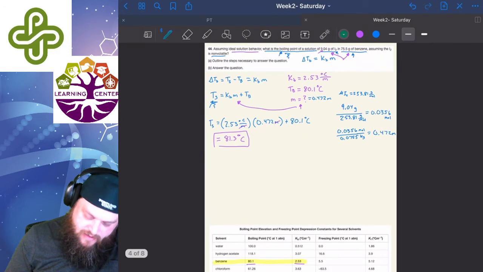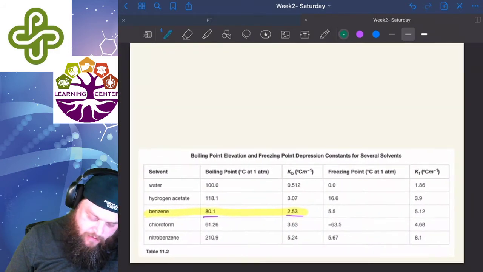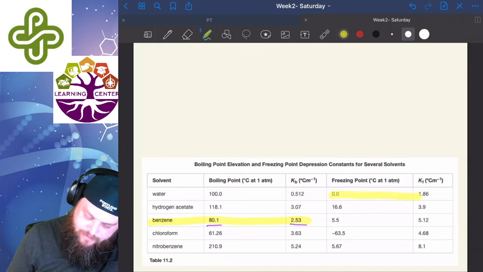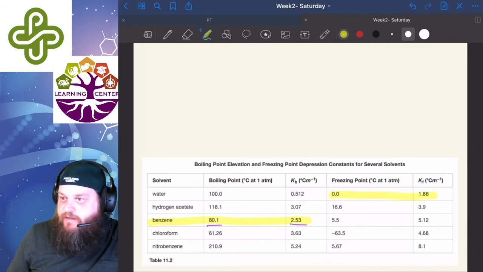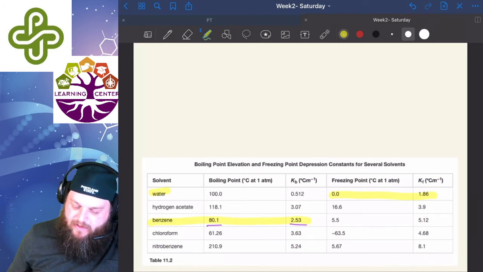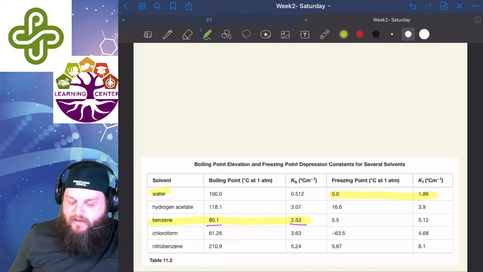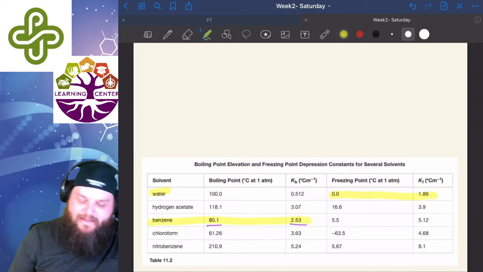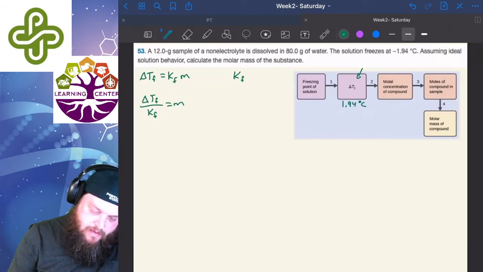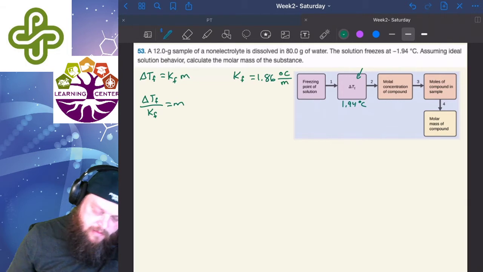Just to make sure we know what we're doing before we move on, we're going to look over here, and there's our constant of freezing for water. The freezing point is 0 degrees Celsius at 1 atmosphere, and the constant of freezing is 1.86 degrees Celsius per molal.